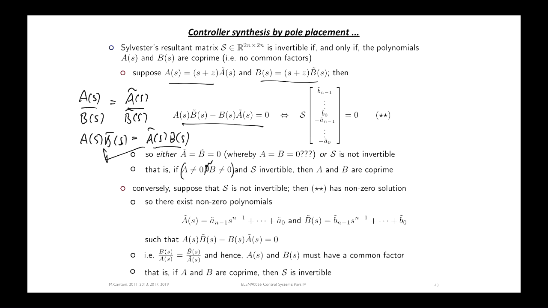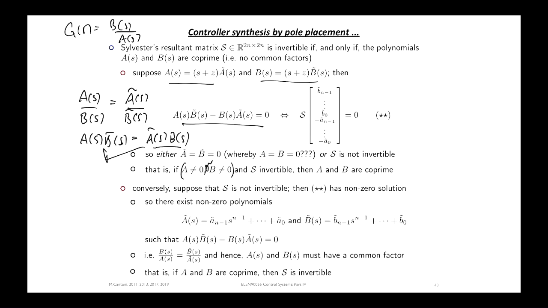Okay, so that's telling you, well, either all of these guys are 0, because any matrix times a vector of zeros gives you 0, which doesn't really make sense because our plant transfer function, well, I've written this the wrong way around, but B on A, it doesn't matter which way you write this around to get this equation, our plant transfer function, G(S), is equal to B(S) on A(S), so it doesn't make sense that A is 0, right?